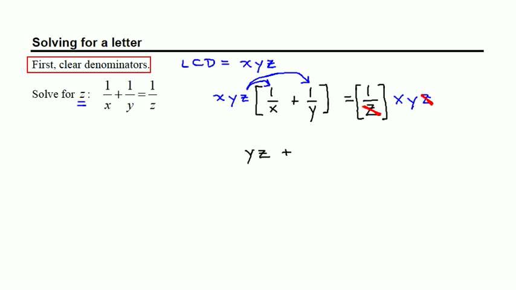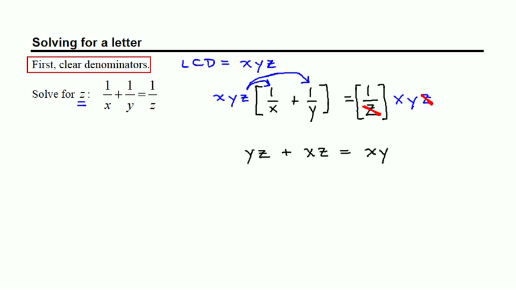For my second product, the factor of y would cancel, leaving me with just xz from my LCD. And over here on the right, where I cancel the z with pen, I can see that 1 times xy, or just xy from my LCD, is all that remains.